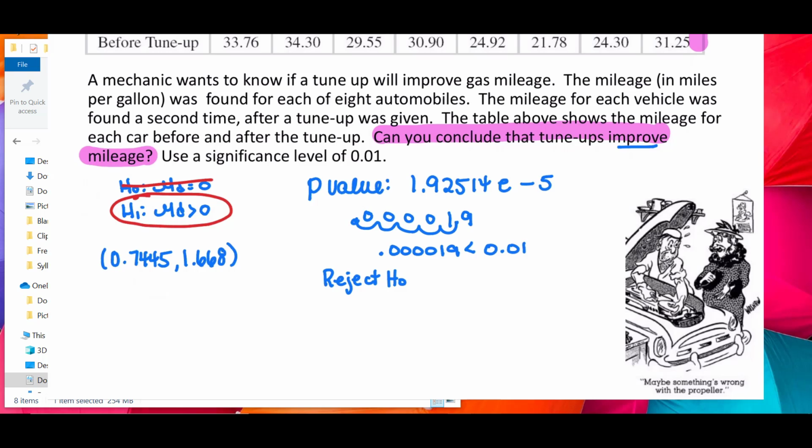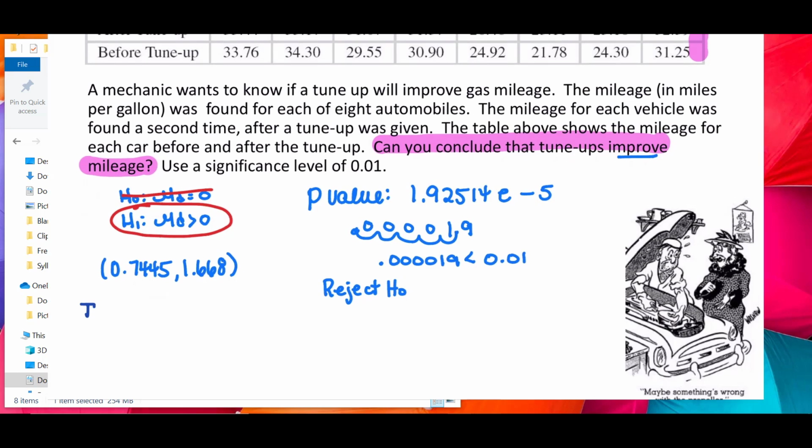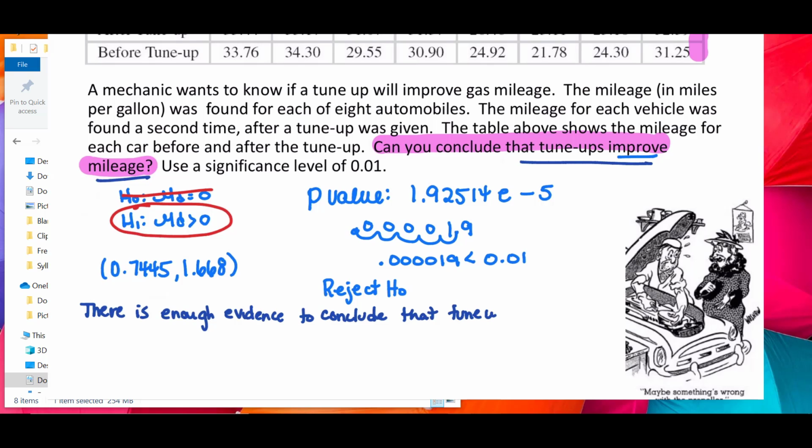And if we reject the null, we can support H1. So we need to write that out. There is enough evidence to conclude that, and I'm just going to copy this part here because this is the same as saying H1, that tune-ups improve mileage.